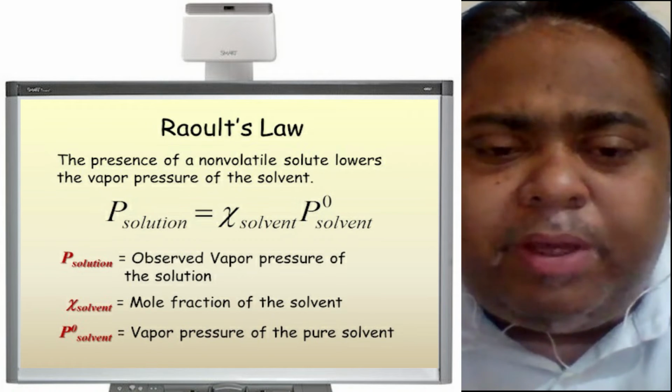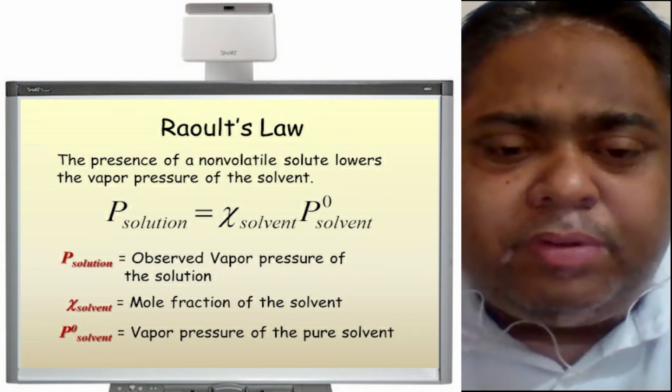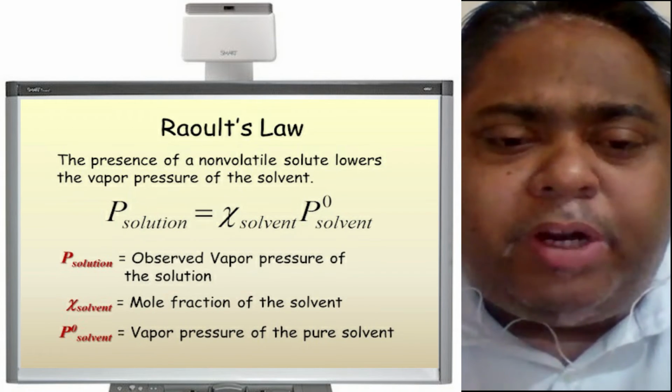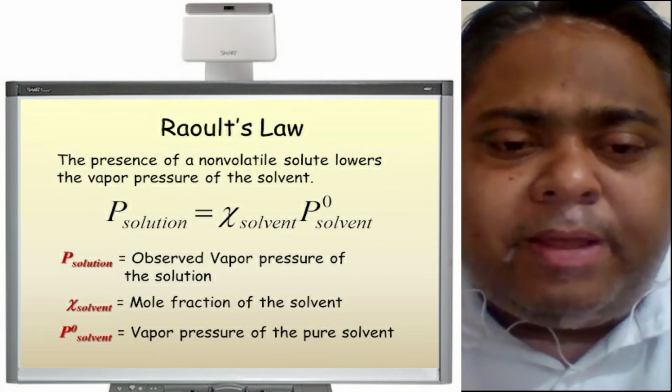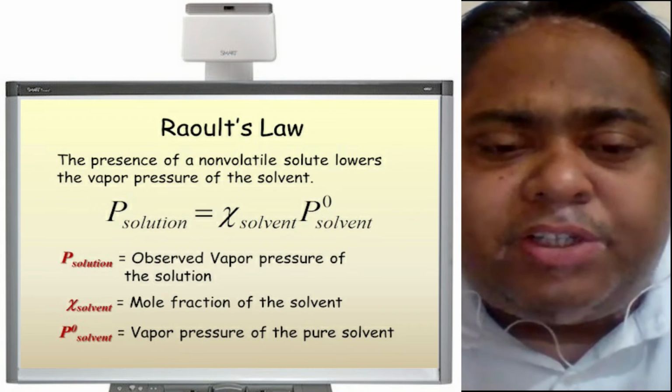What does Raoult's law mean? Raoult's law says that the partial pressure of one of the components of the solution is directly proportional to its mole fraction.